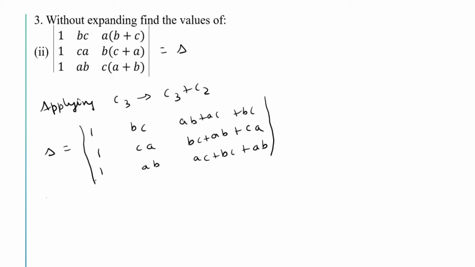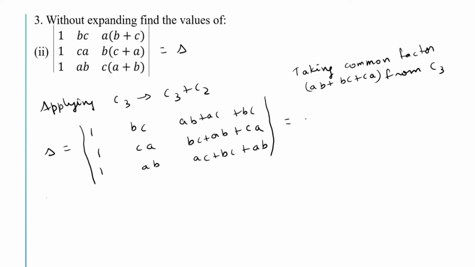So here we can see that AB plus BC plus AC is common in all the elements of the third column. So we can take this common factor outside. Taking common factor AB plus BC plus CA from C3.